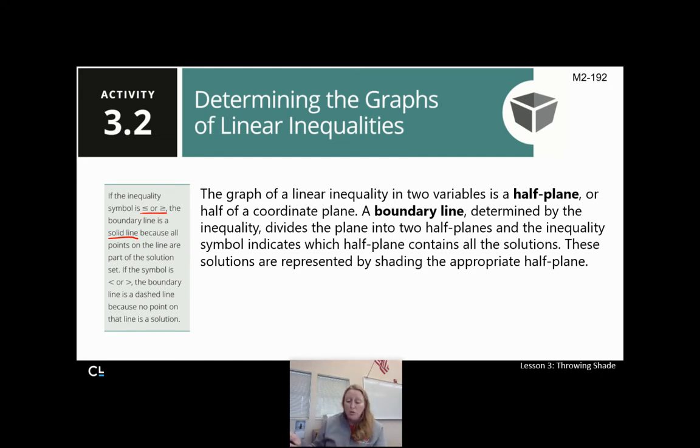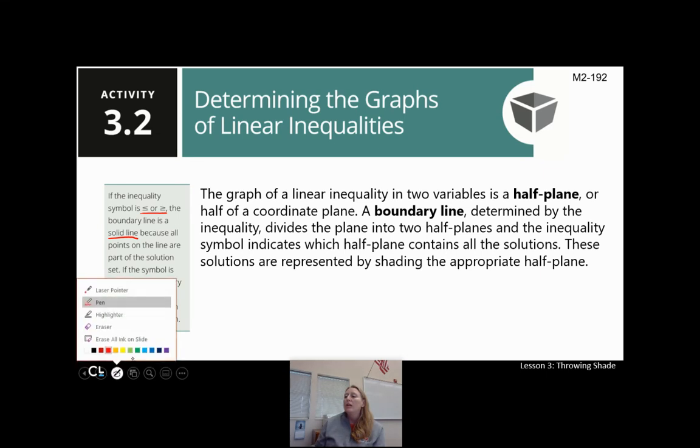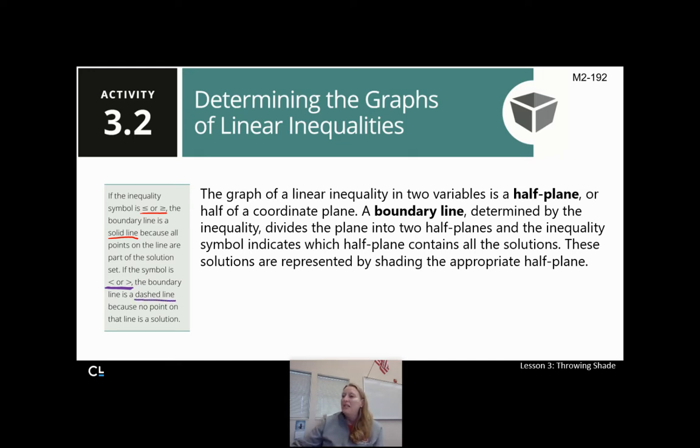The line is equal to, so they are solutions as well. But if the symbol is just less than or greater than, with no squashed equal sign, the boundary line is a dashed line, because no point that is on the line is a solution.